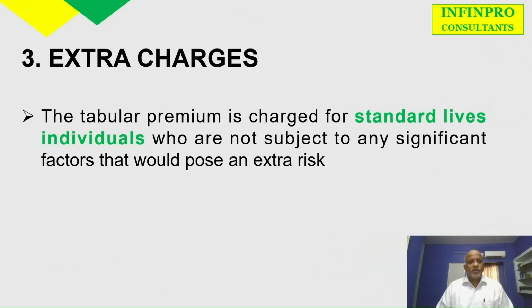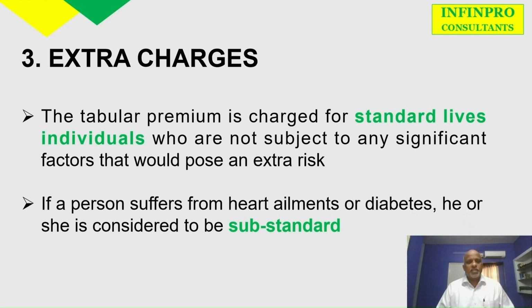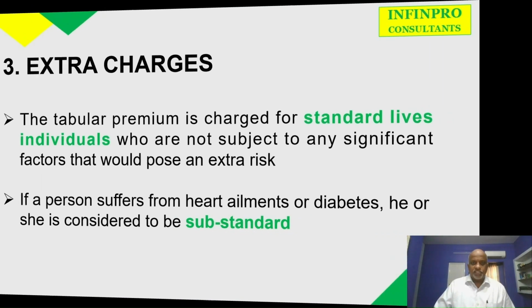Right. So moving forward, there are extra charges levied upon certain customers on certain conditions. There can be an extra premium charged to a customer if there is an additional risk, and this additional risk can be due to substandard life selection, based on health conditions.